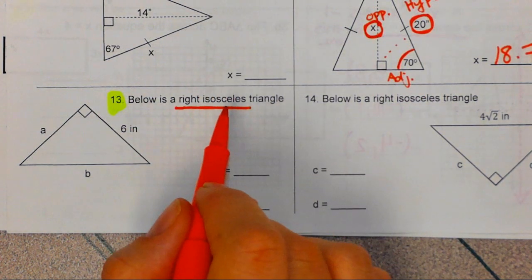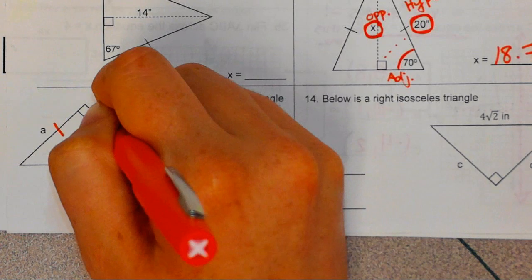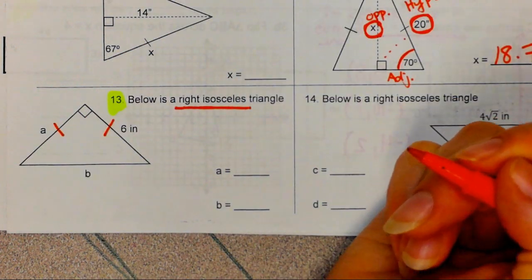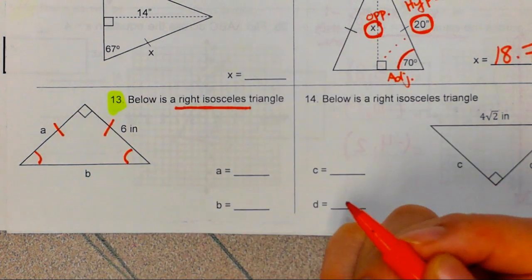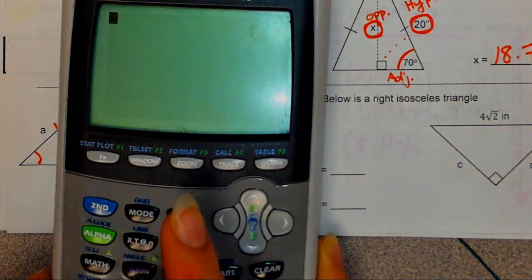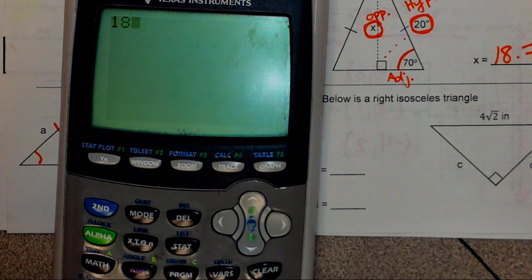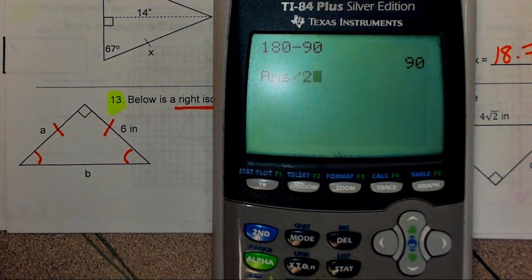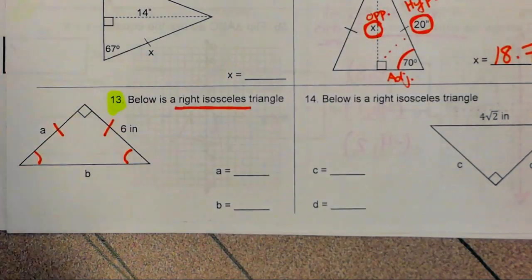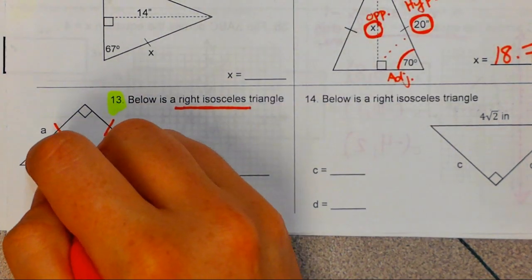Since this is a right isosceles triangle, that means that these two sides are congruent, okay? And it also means that these two angles are congruent. So we could do 180 minus 90, the angle that you're given, divide that by 2, and that gives us that each of these angles is 45.